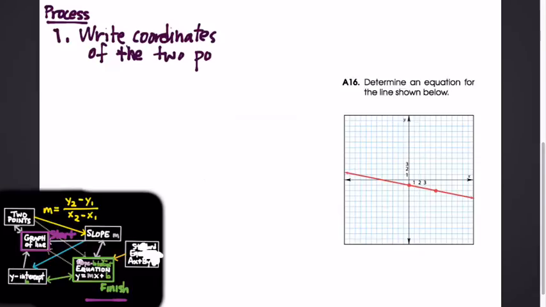So we've already taken a step on this little flow chart. We started with the graph, and after writing the coordinates of those 2 points, we'll now have 2 points to work with, and we know what to do once we have 2 points. So what were the coordinates of the 2 points that were labeled on this graph?